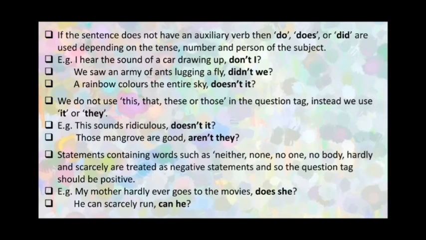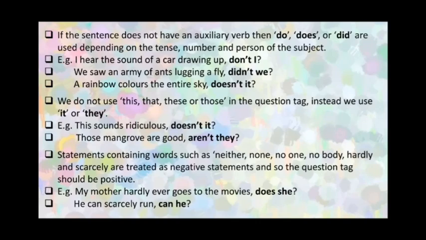Next, statements containing words such as neither, nor, no one, nobody, hardly, and scarcely are treated as negative statements, and so the question tag should be positive. As I told you earlier, if the sentence has negative words, then the question tag will be positive.